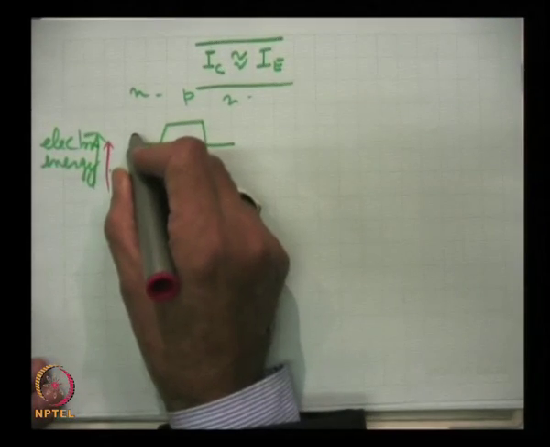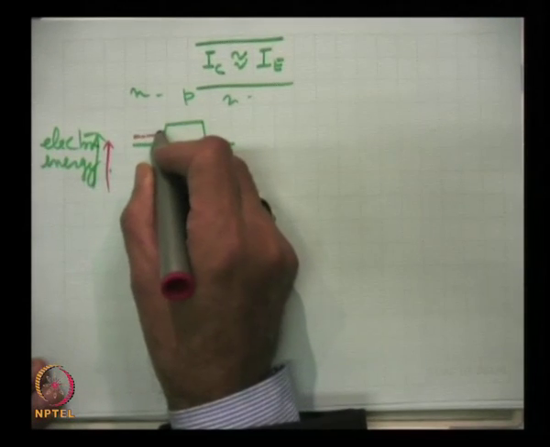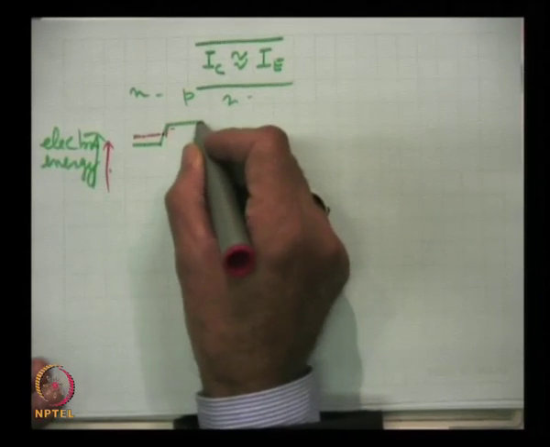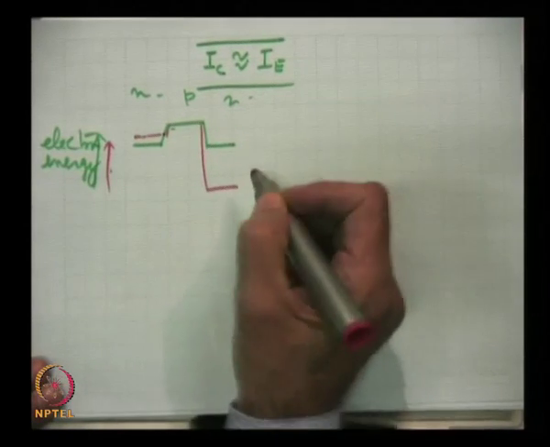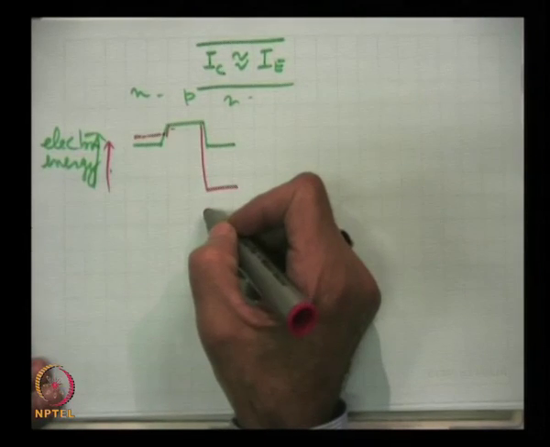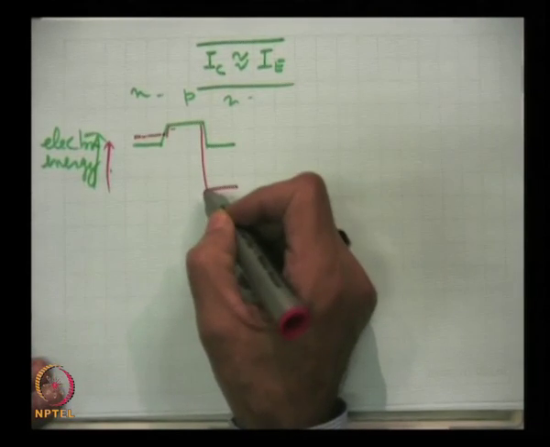Now this barrier is reduced because this is a forward bias junction, while the barrier at the collector junction has gone up because it is reverse bias.